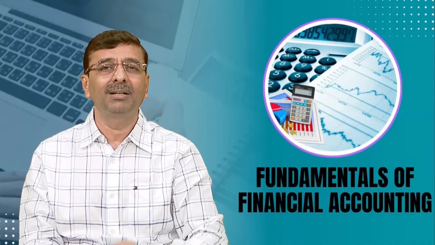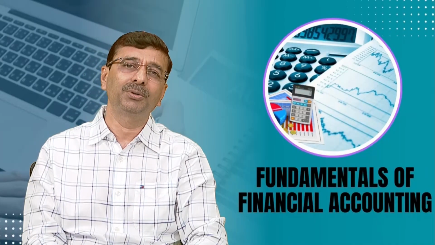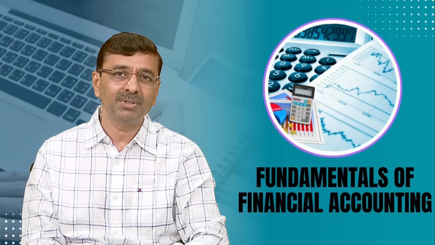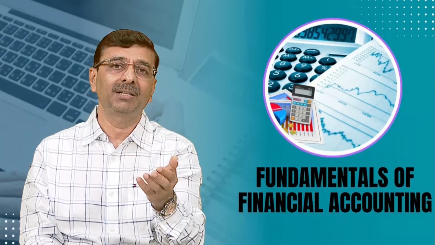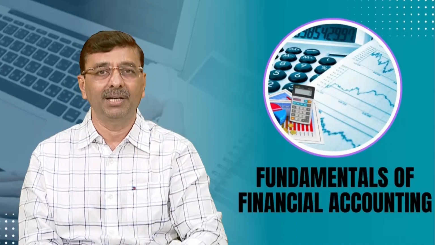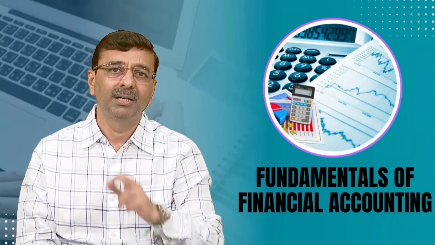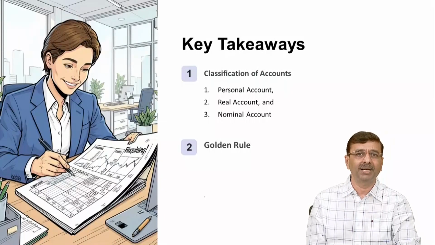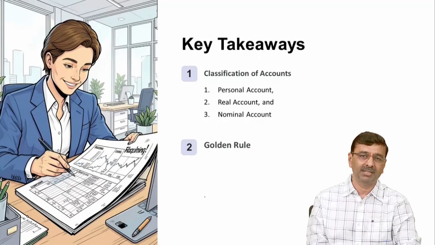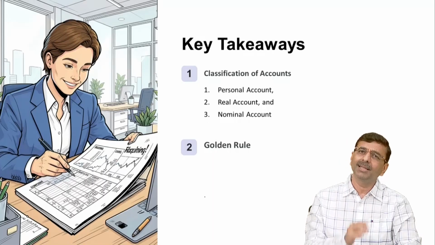In this module, we are going to discuss first the classification of accounts, and after the classification, each classified item has certain rules and regulations. The takeaway of this module is the classification of accounts, as there are three major accounts: the personal account, the real account, and the nominal account.